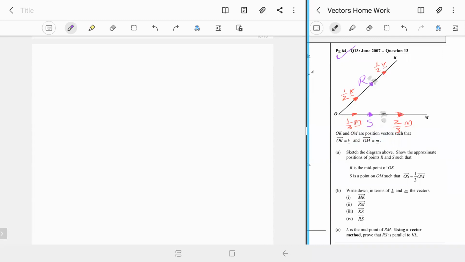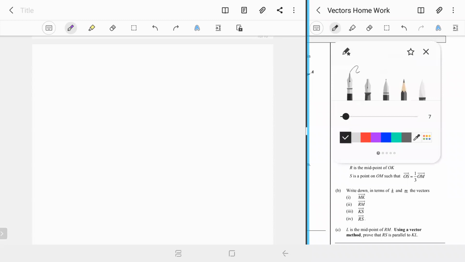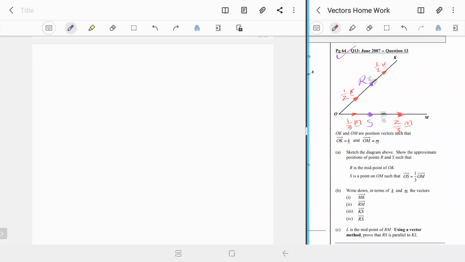All right, so that's what we have so far, guys. Understand that the more information we can put on the diagram, the easier it is. Vectors is just about how you go from point to point for the most part. So we have placed the points S and R on the diagram based on what they said.